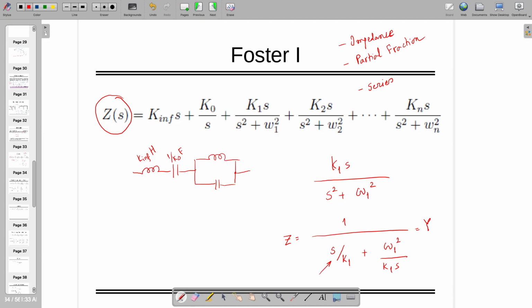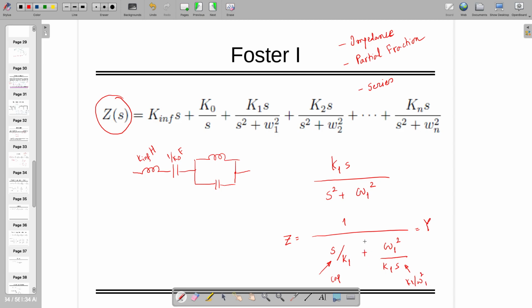So first thing is inductor or capacitor? It's capacitor, whose value is 1 by K1. So this is capacitor. This is inductor, whose value is K1 by omega 1 square.